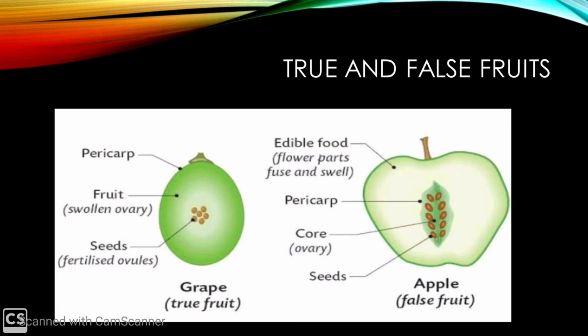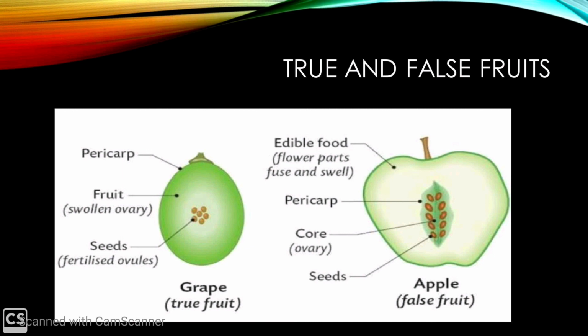We can see true and false fruits. An example of a true fruit is a grape. The seed is inside and the ovary is transformed into fruit. While in apple, which is a false fruit, we can see the seeds along with the fleshy part made up of thalamus. The fleshy part is outside the pericarp because the flower parts are fused and swollen to form the edible food.